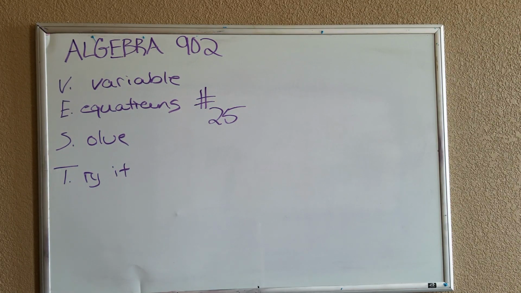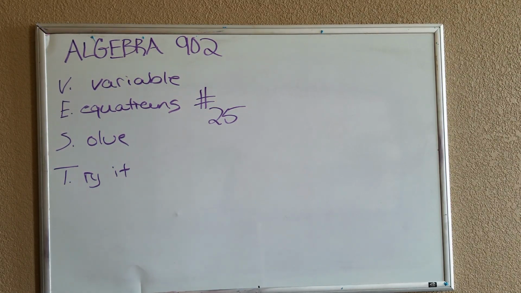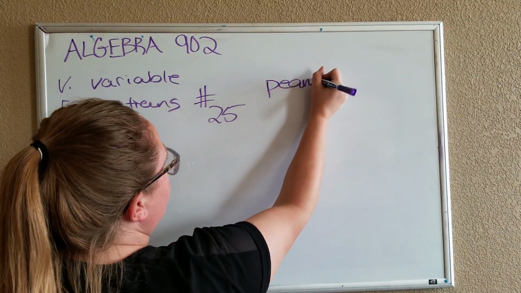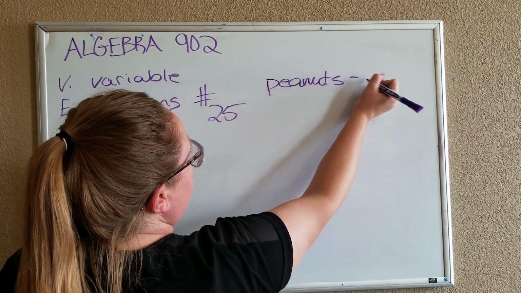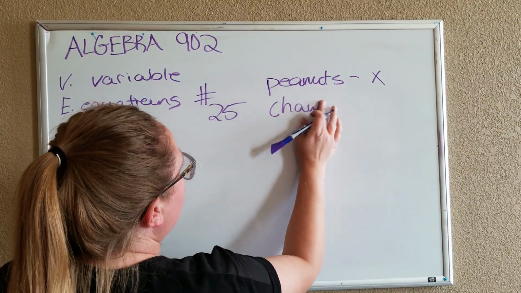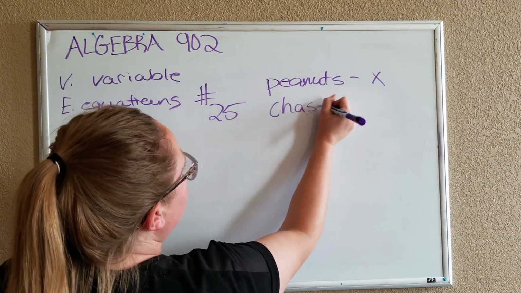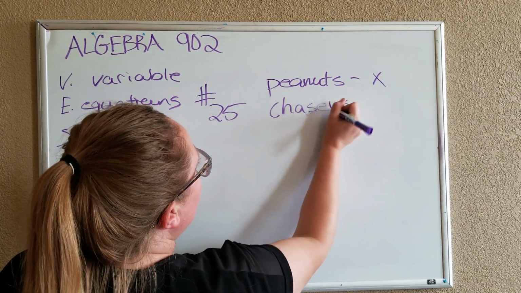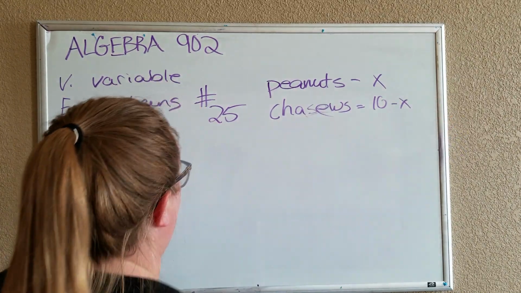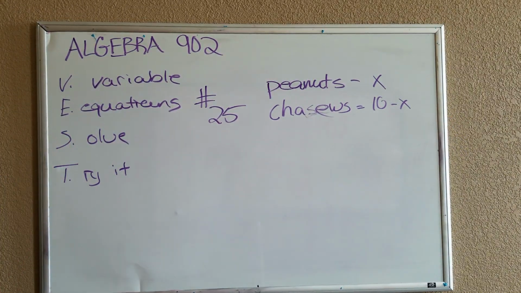They tell you at the end you're going to have 10 pounds. So when they do that, you automatically assign one of your variables as x, and the other one, cashews, is the end result minus x. If they give you the end result, immediately it's that.